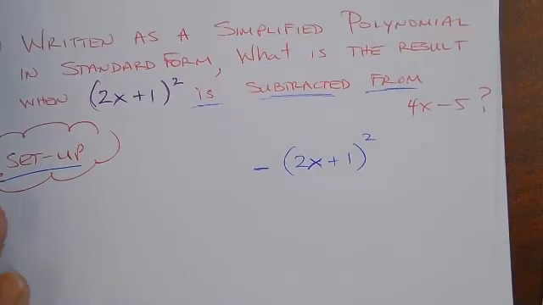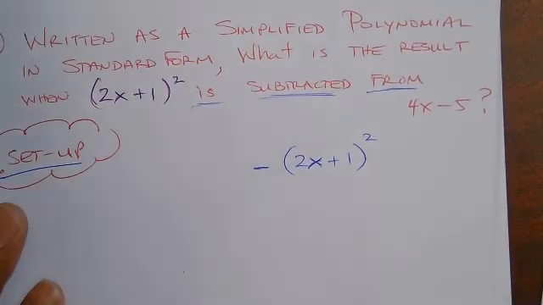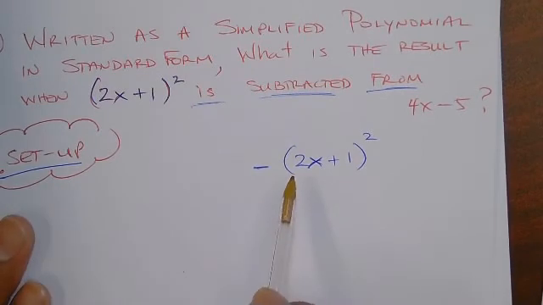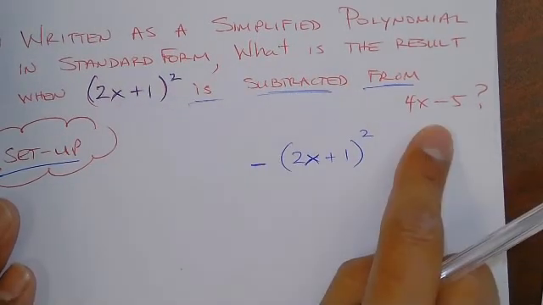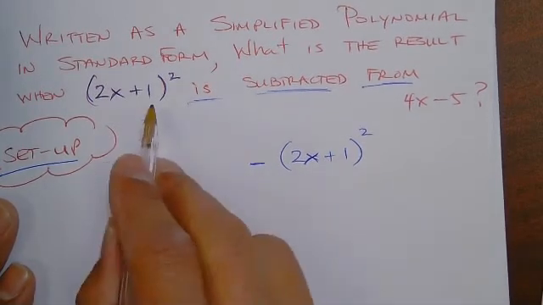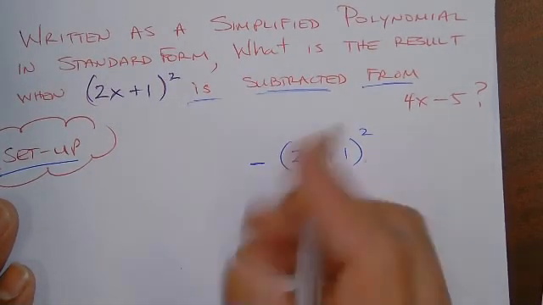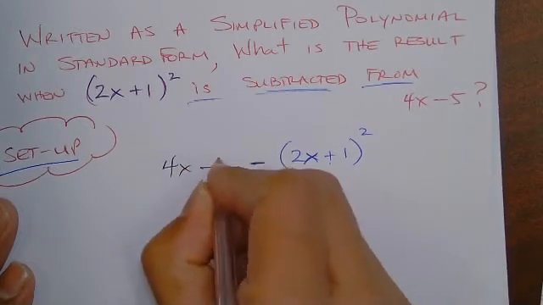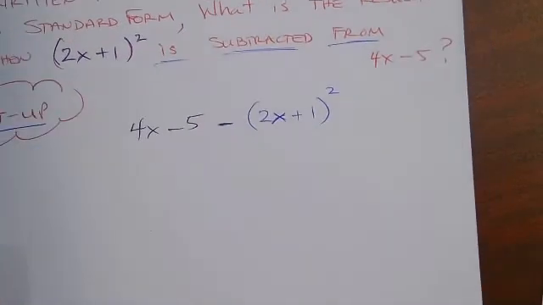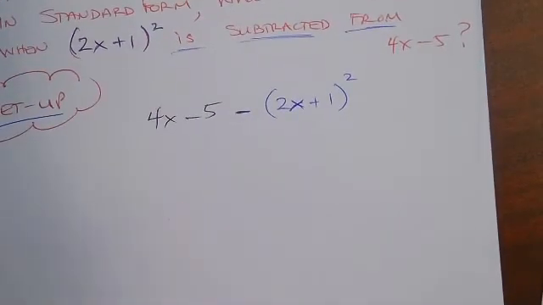We've seen this before, right? I told you it's not something new. You guys see we got to set this up correctly? If he would have put this first and then take away this, it's a totally different problem. So 2x plus 1 squared is being subtracted from 4x minus 5. Okay, this is the setup. You guys understand to set it up this way?